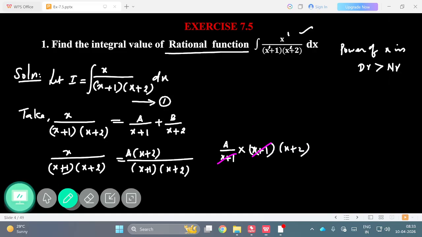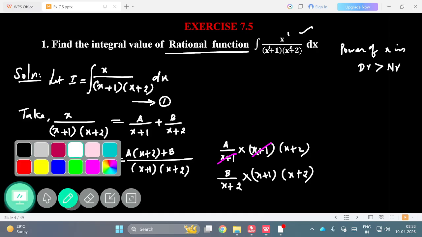When you have only two different factors, it is easy to cross multiply. But when you have more than two terms, you can use it like this. That's why I instructed the simplification of LCM into their terms. Okay. Plus b divided by x plus 2, and the LCM is x plus 1 into x plus 2. Correct?